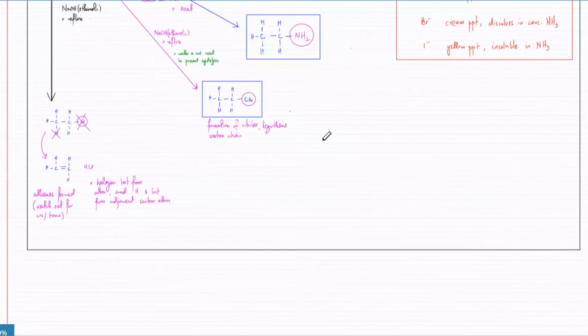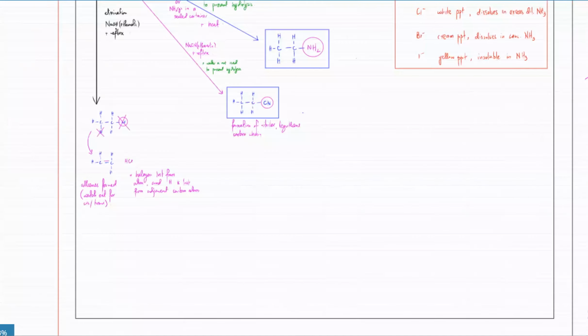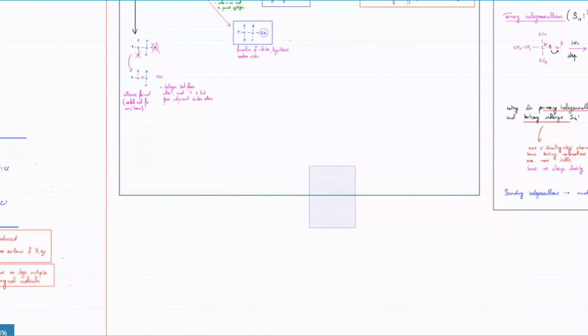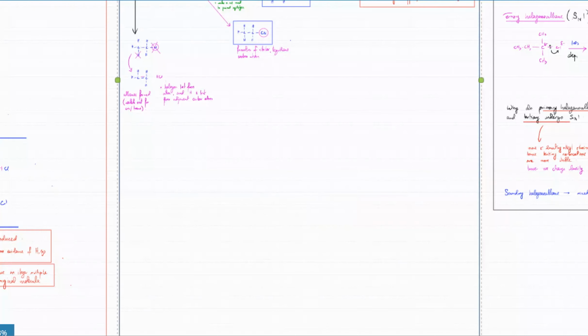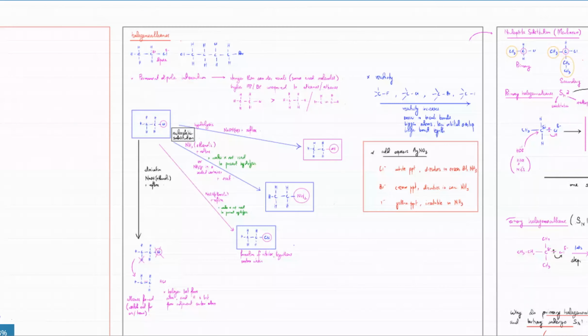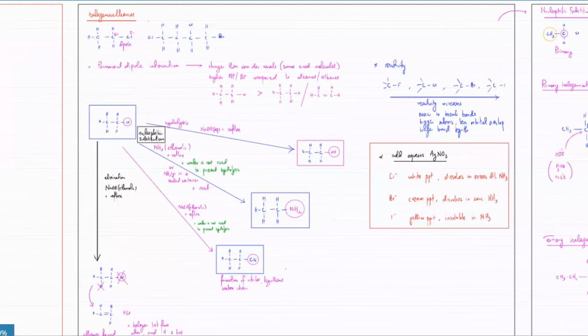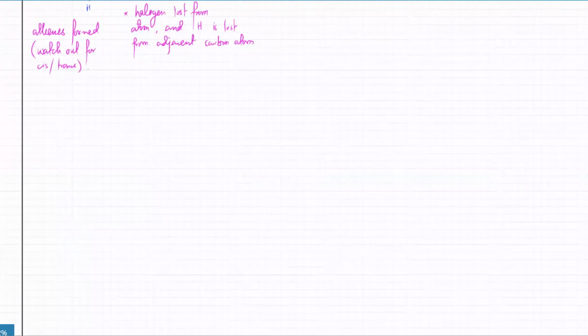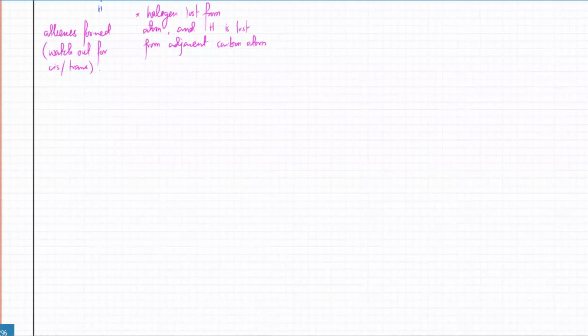I'll just expand halogenoalkanes to finish this off. So I'll add this to halogenoalkanes and their formation. Remember, formation of halogenoalkanes.